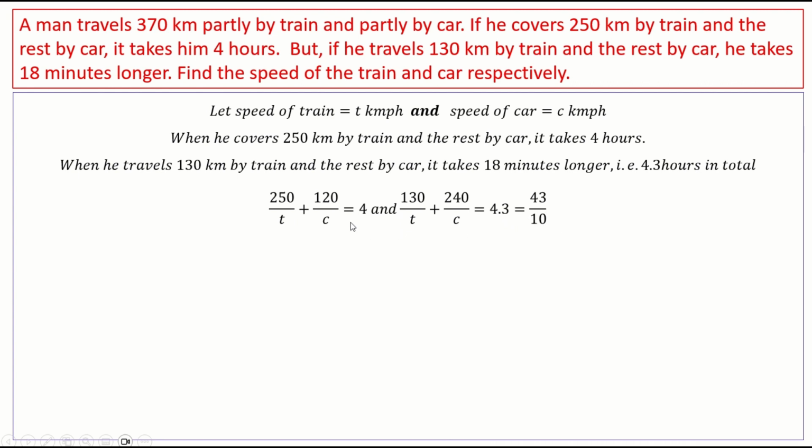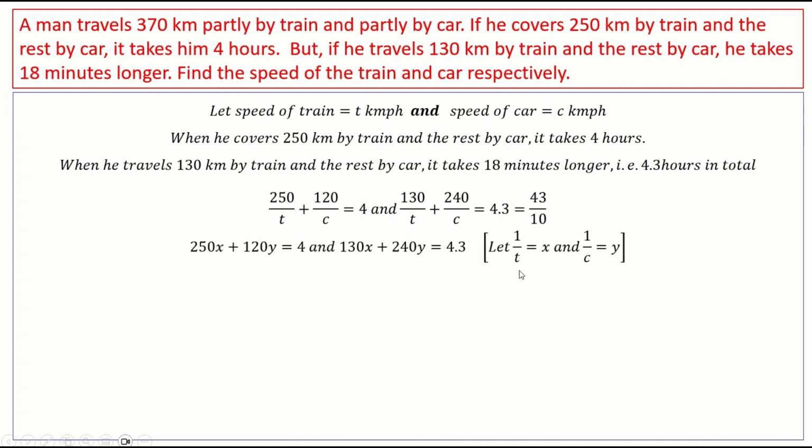These are two variable equations, so you can easily solve. Here it's 120 by c and here 240 by c, so if you multiply the first with 2 and subtract, you will get the answer. But I want to tell you one thing: the easier way is to take 1 by t as some variable and 1 by c as some variable, then it looks much easier to solve.